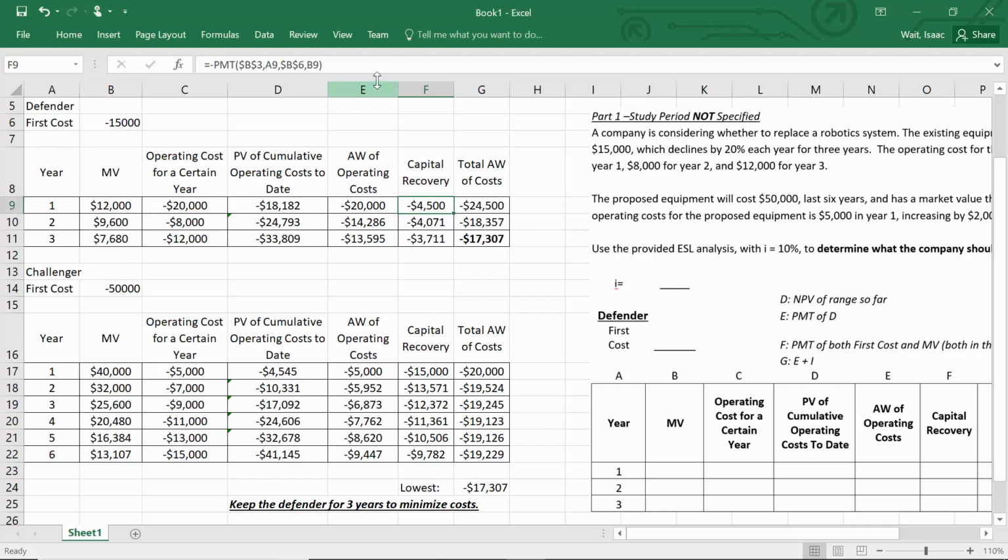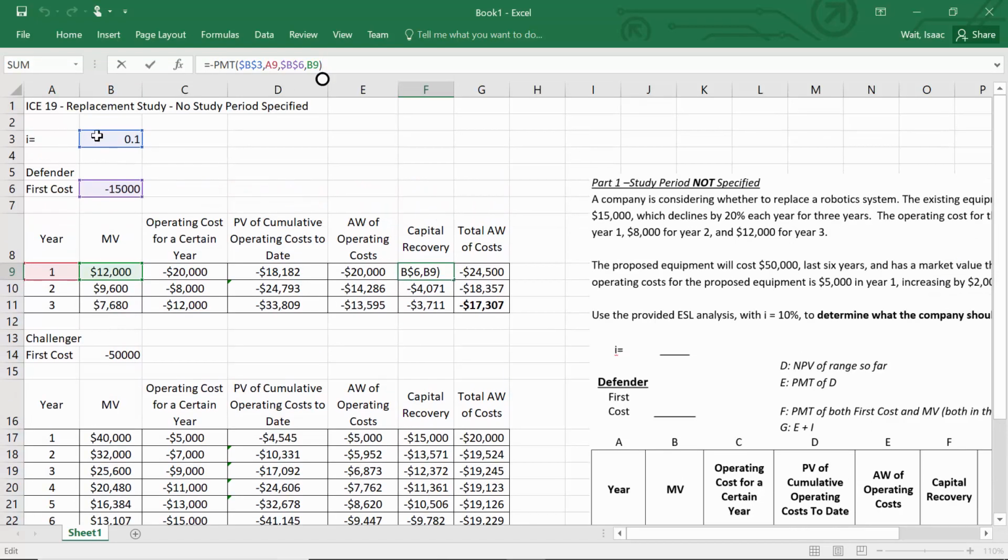So here in capital recovery, you'll notice, first of all, I've got my interest rate specified, and I'm anchoring that with the dollar signs. And then for N, it's just whatever year we're on. The present value is the reference to the first cost, and that's already a negative, which it should be since it's a cost.